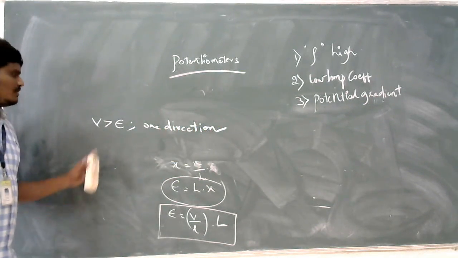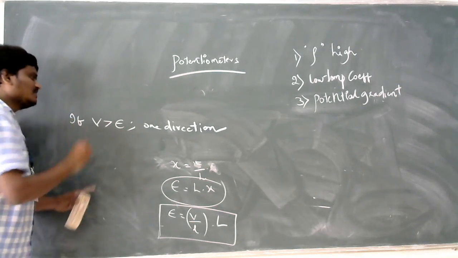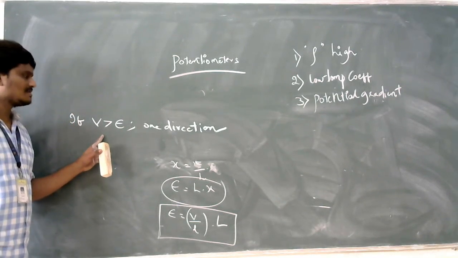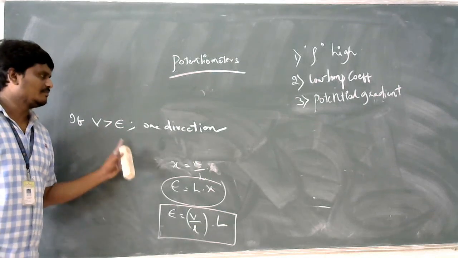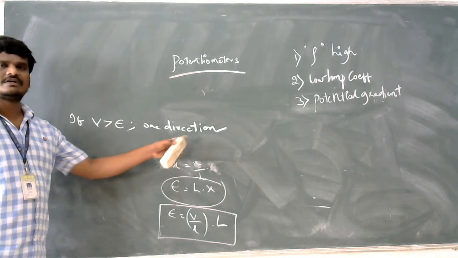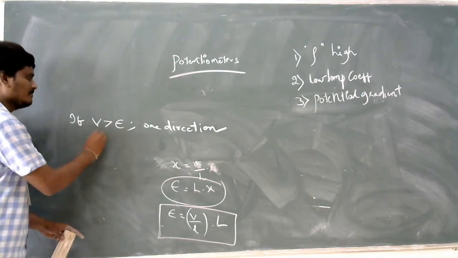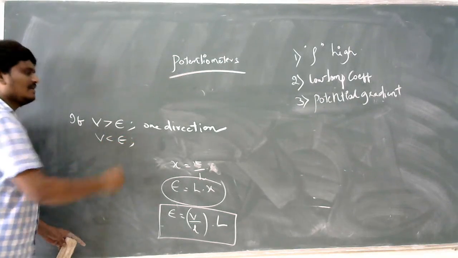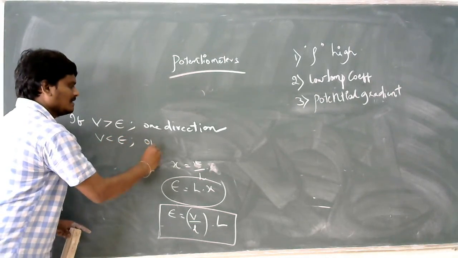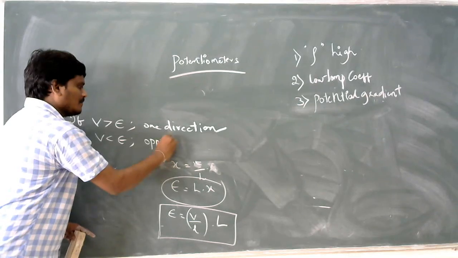If the value of V, that is the potential difference obtained due to the slide wire, is greater than the EMF measured, the galvanometer shows deflection in one direction. If V is less than E, the galvanometer will show the deflection in the opposite direction.